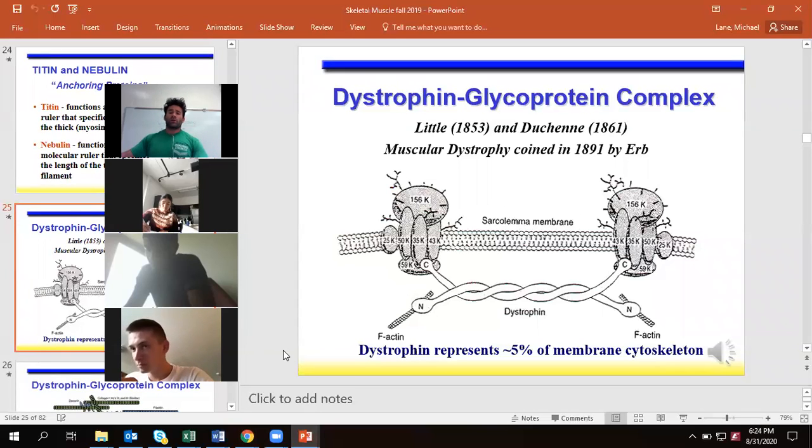And then, like I alluded to earlier with those Z lines, they are going to be bound to our sarcolemma via what's known as the dystrophin glycoprotein complex, also sometimes referred to as the costamere. Now, this is really important because notice, guys, that dystrophin protein is literally making up about 5% of your membrane cytoskeleton.